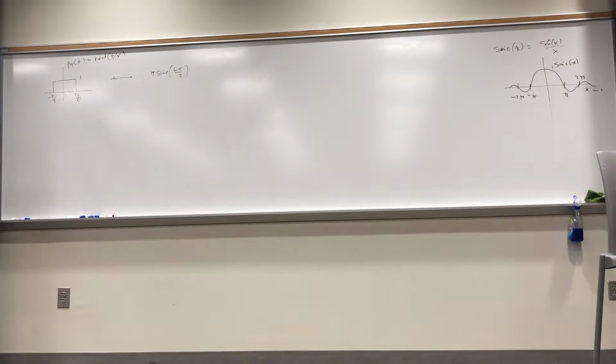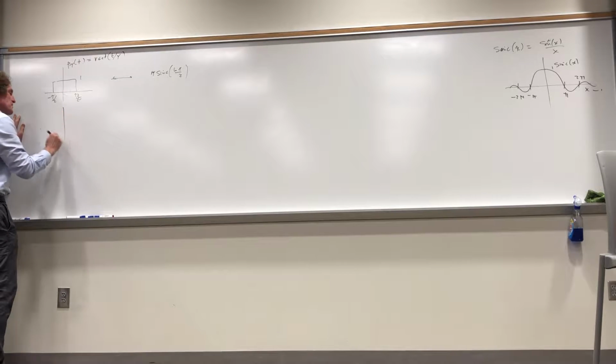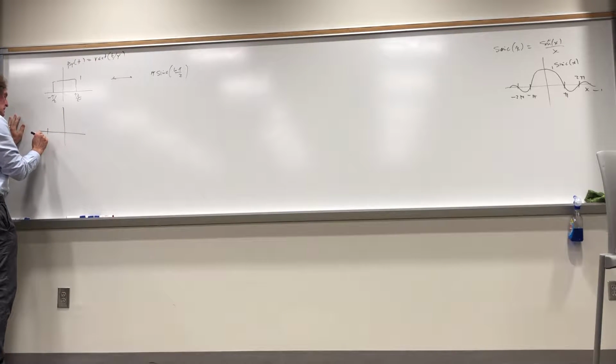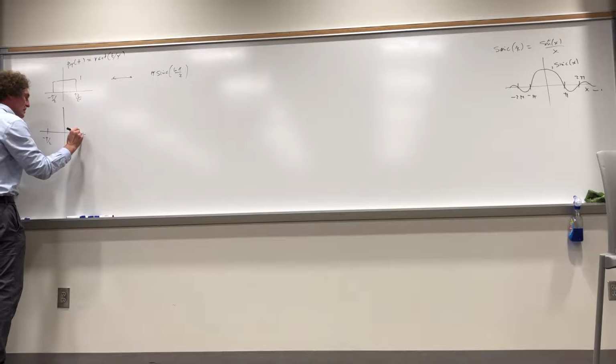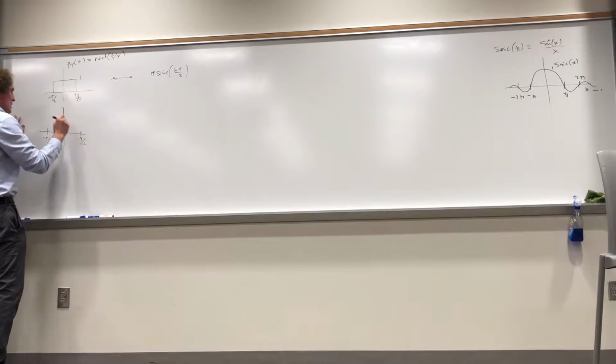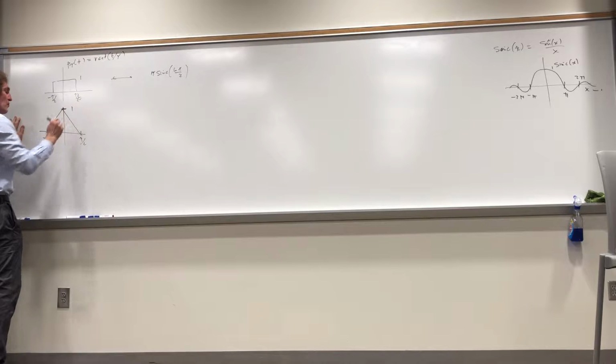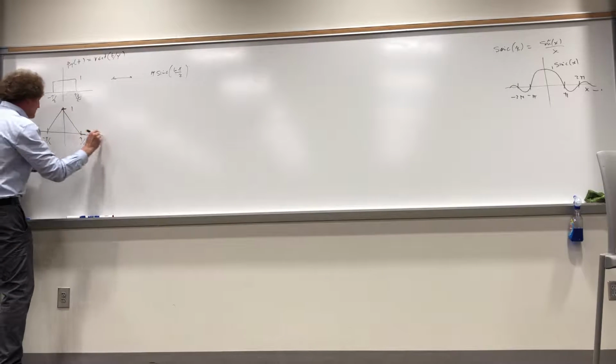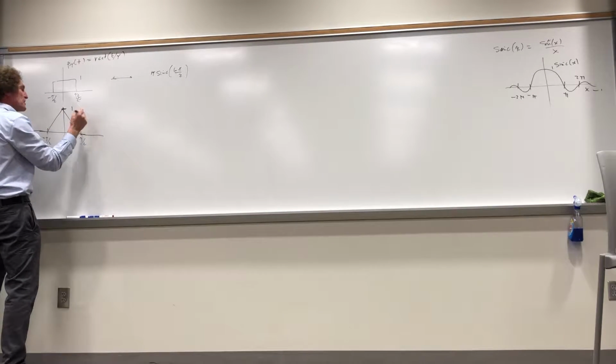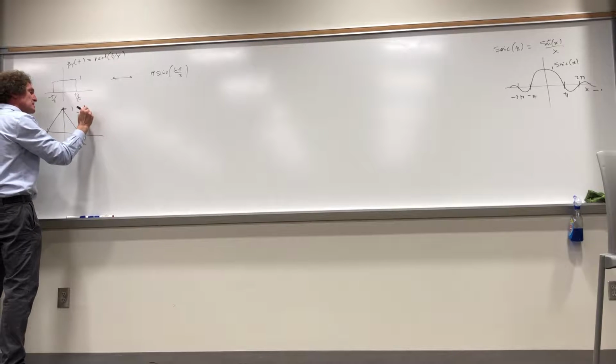Now, the next function we're going to do, and this is an important one, but we're going to use properties to get at it. We want to find the transform of this function. And it just does this, where this is going to have a height of 1. This is called a triangle function. The symbol for this function is this.